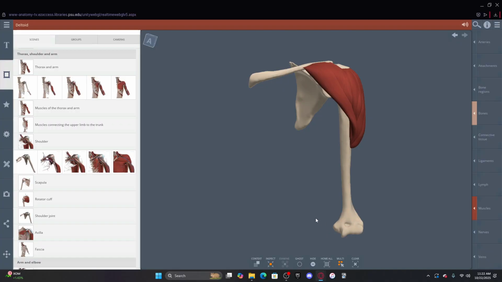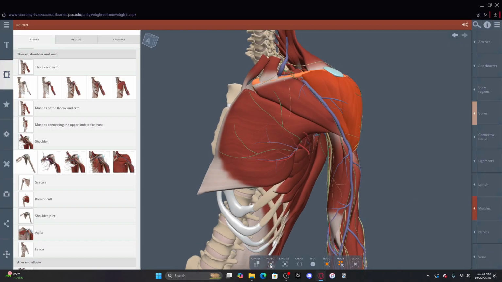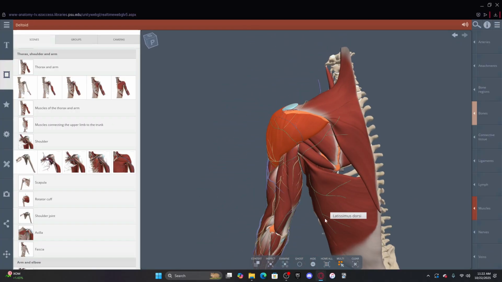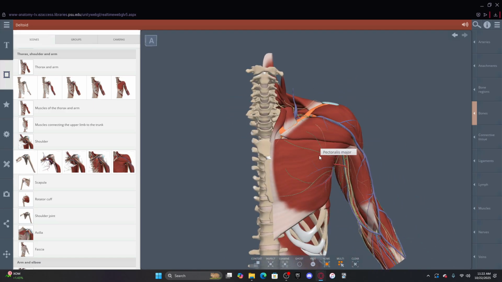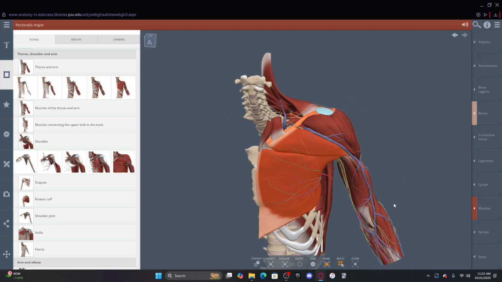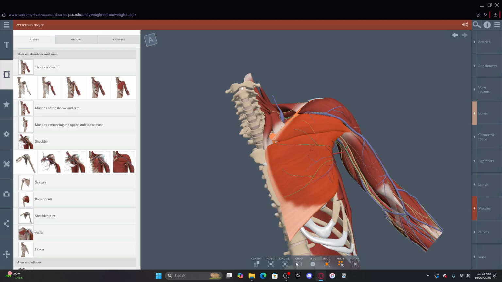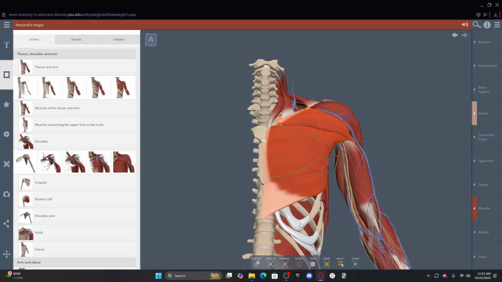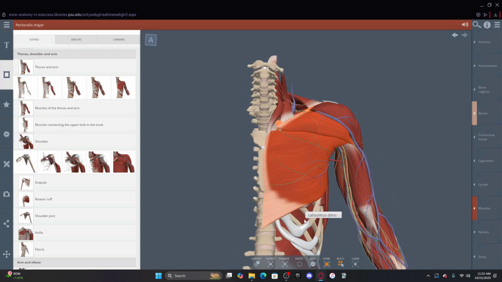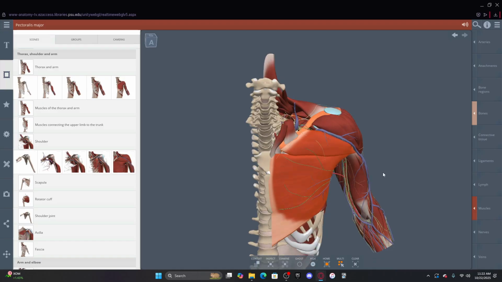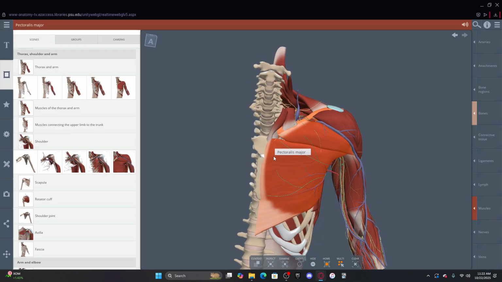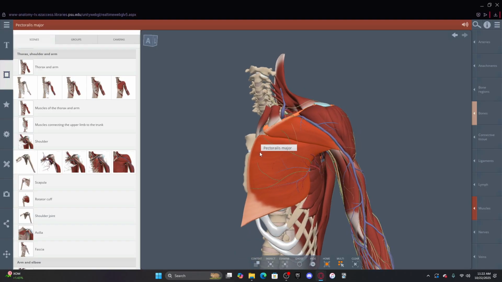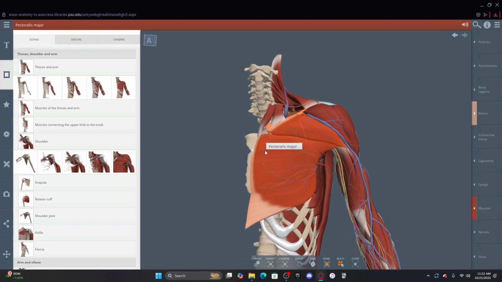So now that we have that, we're going to move on to our next structure, which is pectoralis major. So pectoralis major is right here. Pec major, we can see it attaching from the ribs, the sternum, and it also attaches to the clavicle and then all the way to the humeral shaft.